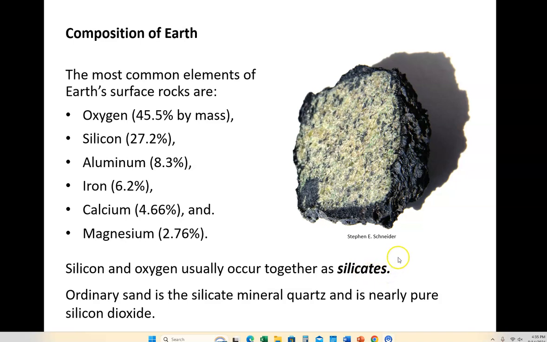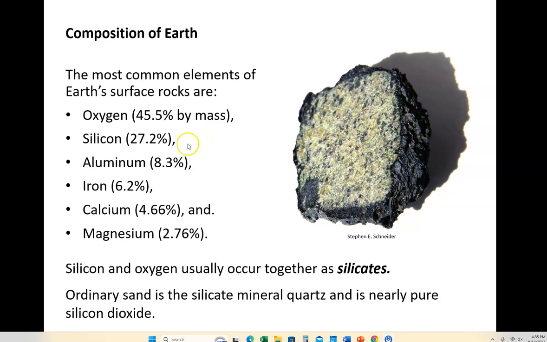You're walking along a path, away from a city or something like that, and you pick up the average rock, you're more than likely going to find a silicate. Of course, there's other types of rocks, like granite and things like that. But this is not a study in geology.